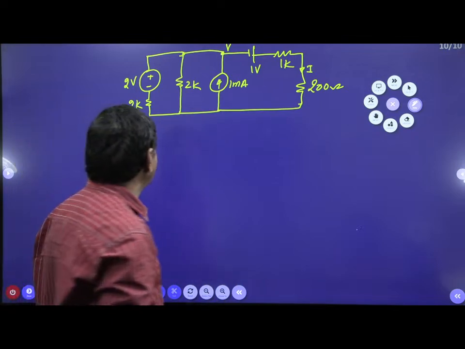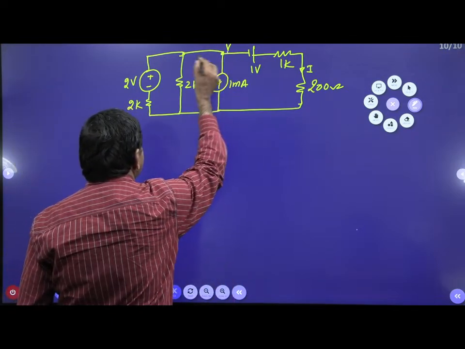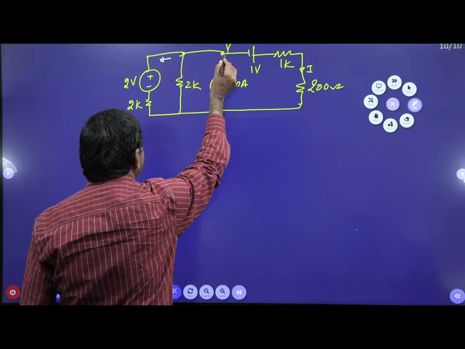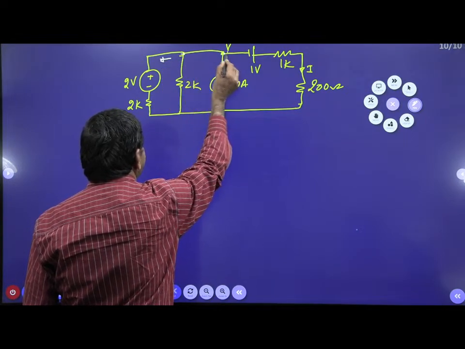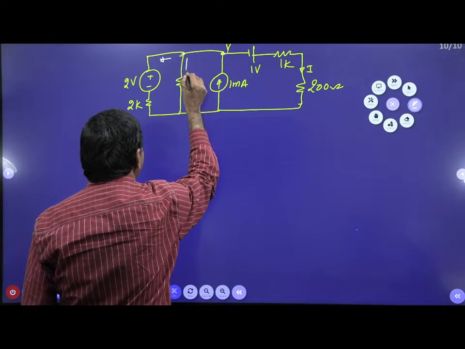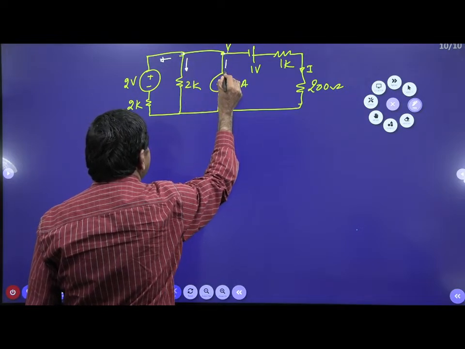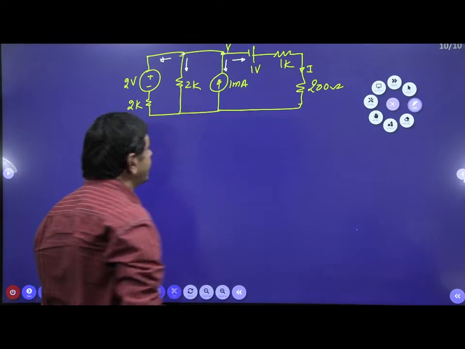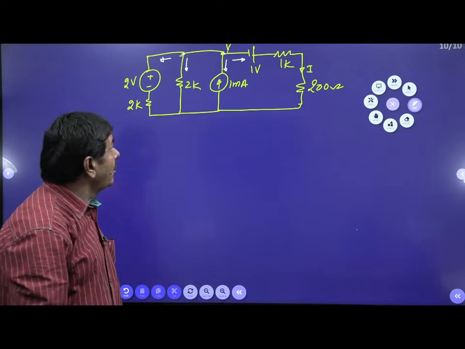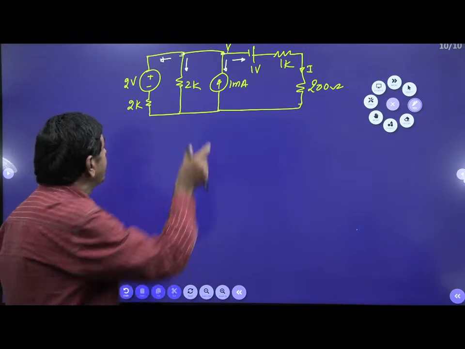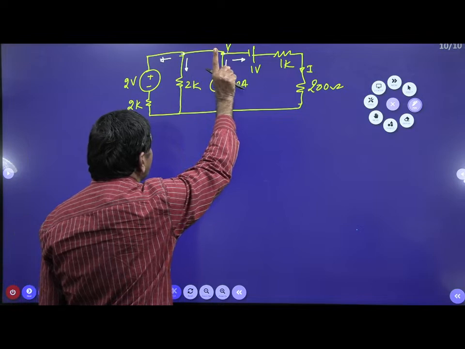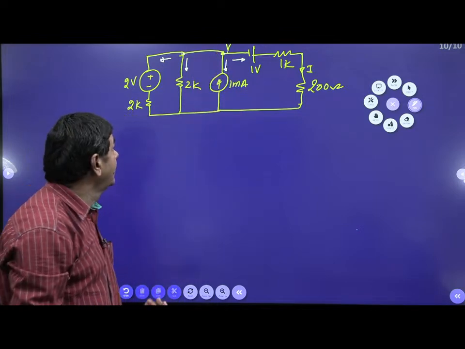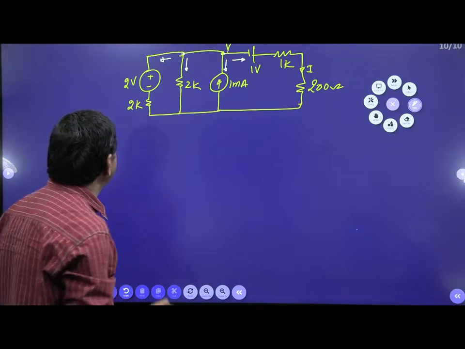This node voltage and this node voltage are the same, and we don't have any resistor between these two points. So this current plus this current plus this current equal to 0 I can put directly. We got only one principal node, because these two are combined into one simple node. That node is the principal node here.